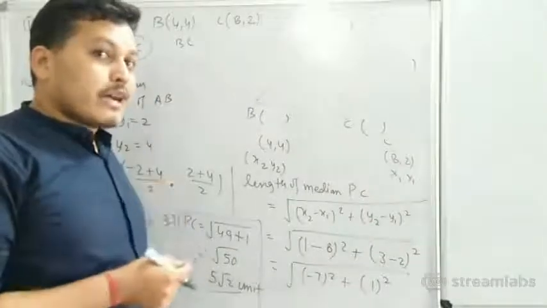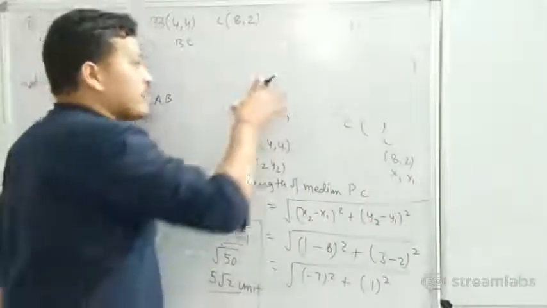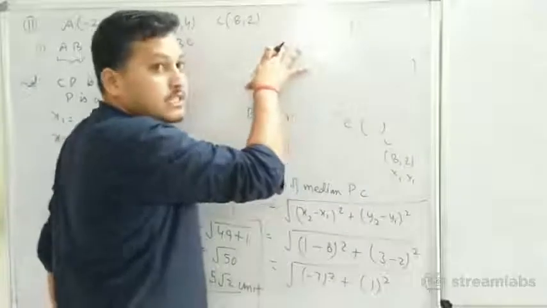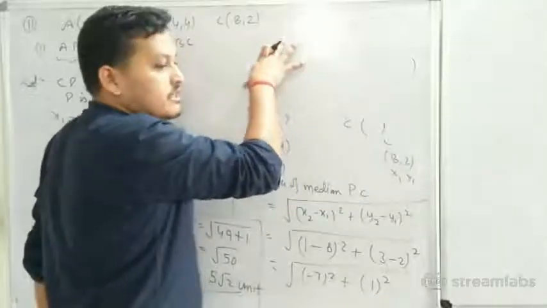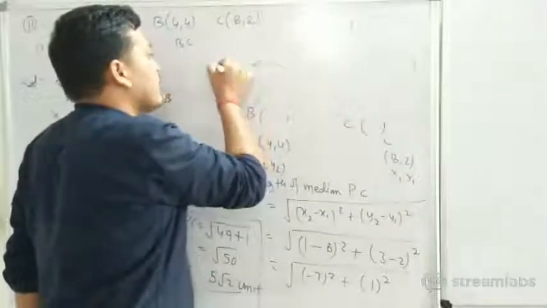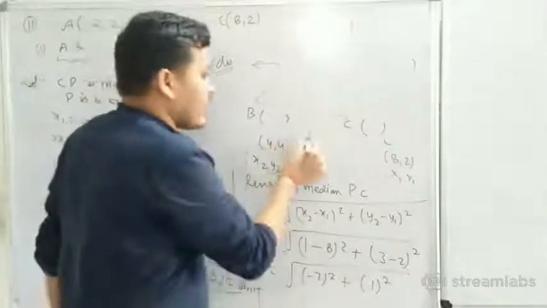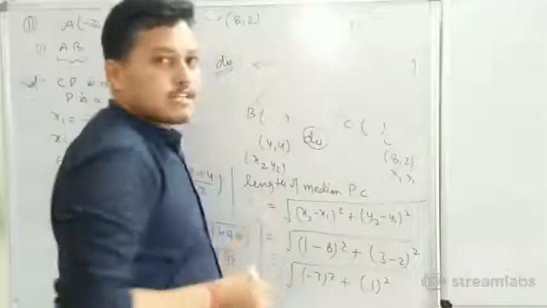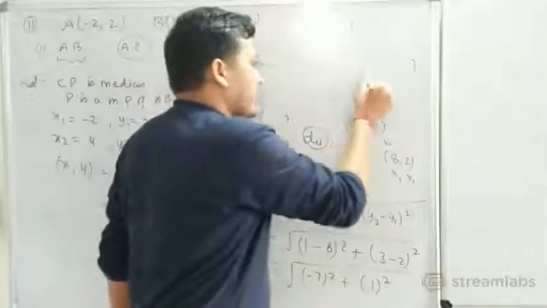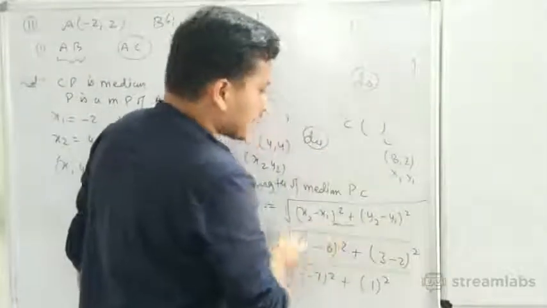So how can you prove that it is an isosceles triangle? First calculate the distance of this left side by using the distance formula. Similarly, calculate this side and this side by using the distance formula. This is our distance formula.